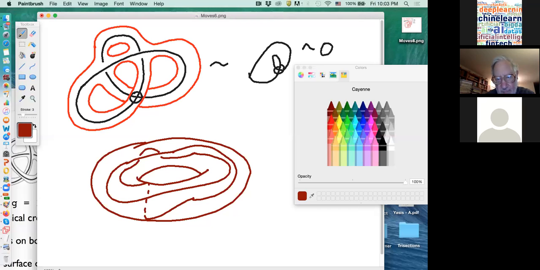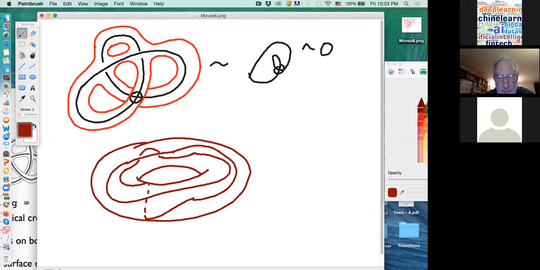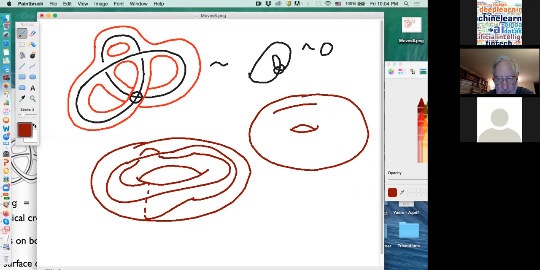So after the 2 move, this comes not really living on the torus. And so while it is placed on genus 1, it doesn't have to be on genus 1 because after you do the move, it lives on genus 0. And if you were to look at it on the torus itself, you would see that it could be simplified on the torus. So if we looked at it just on the torus, then we would see that it was equivalent to this.